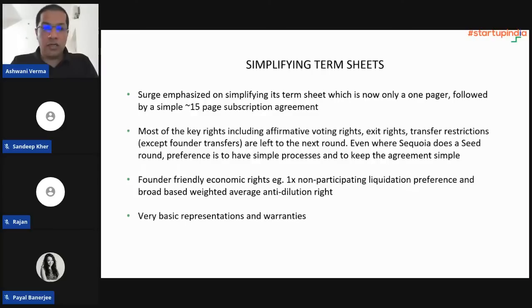Even in other seed investments that Sequoia makes, we are also using a very simple process and simple documentation. Economic rights, as I mentioned earlier, for such transactions, would generally be a straightforward 1x non-participating liquidation preference right and a broad-based weighted average anti-dilution right. Representations and warranties are also in a very diluted and broader form.